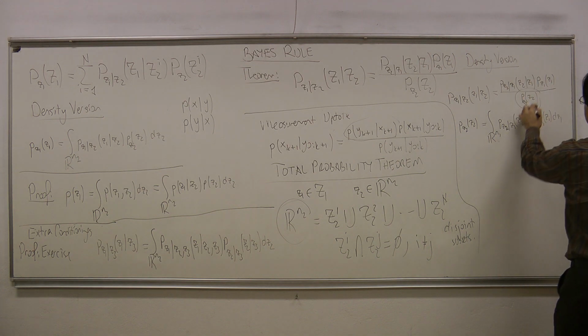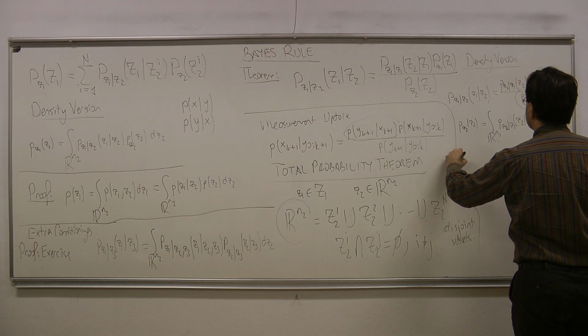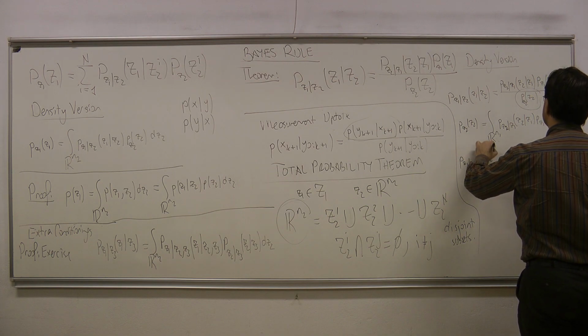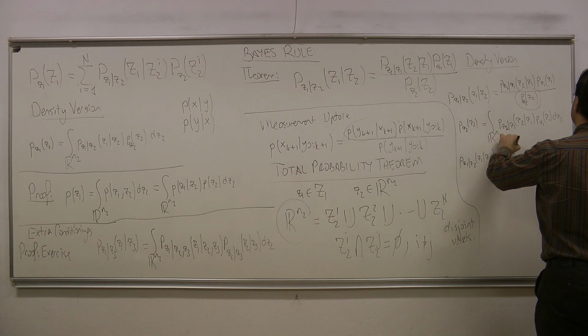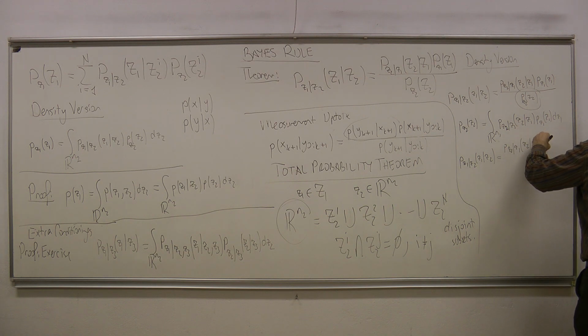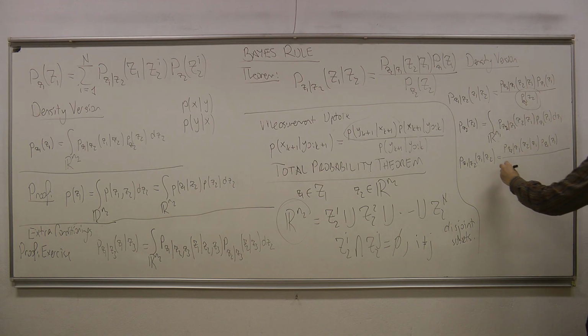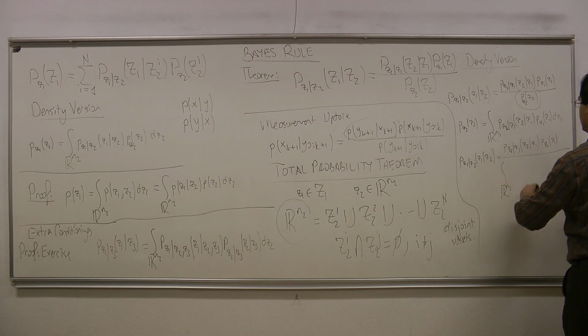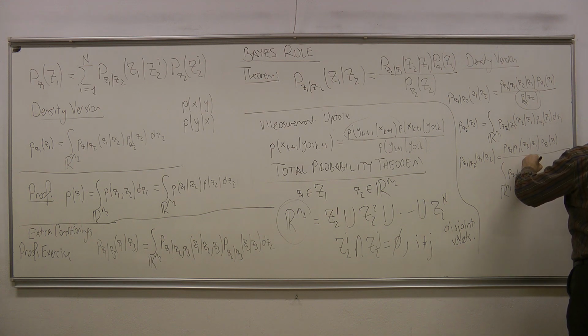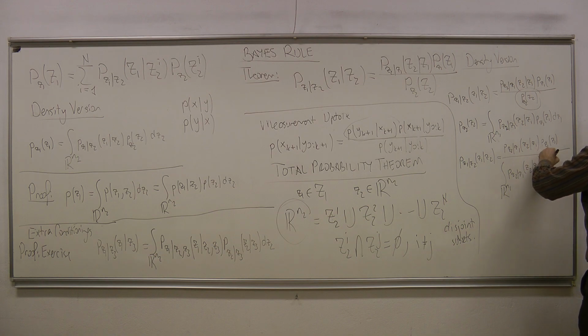If I replace this denominator by this, I'm going to get the following formula: p(z1 given z2) is equal to p(z2 given z1) p(z1), divided by an integral of the numerator, the integral of p(z2 given z1) p(z1) dz1.